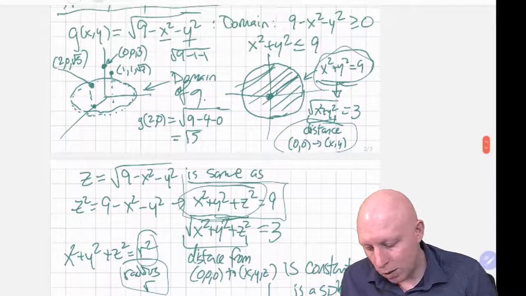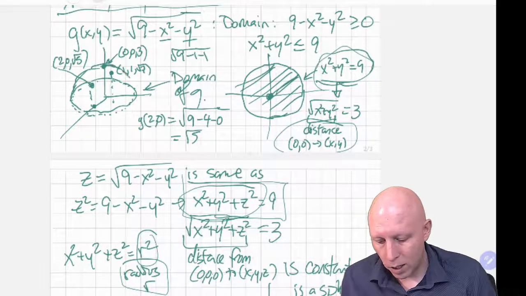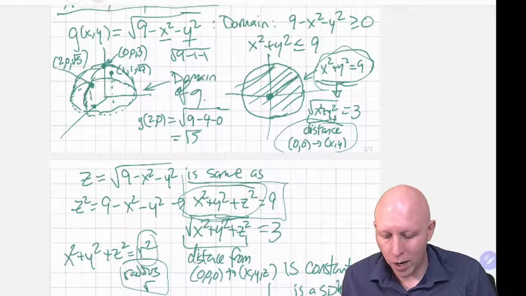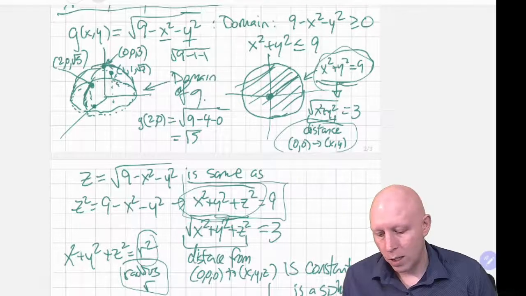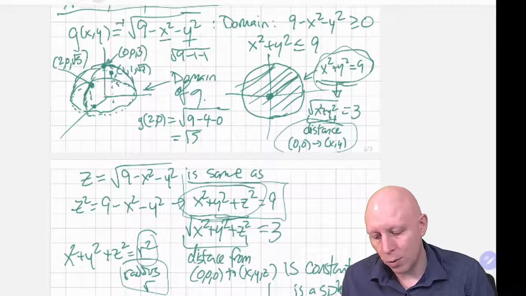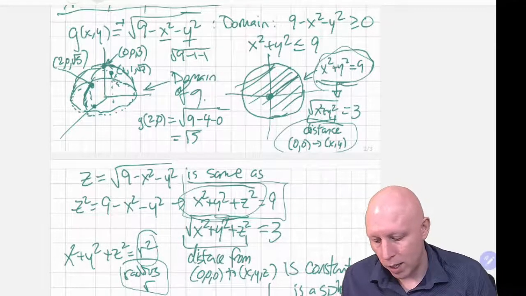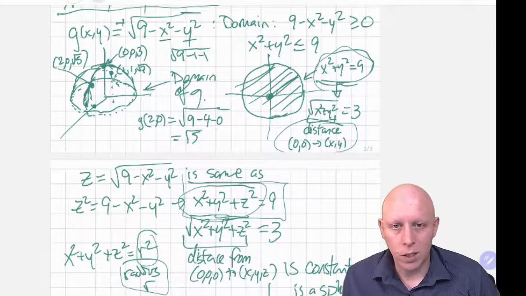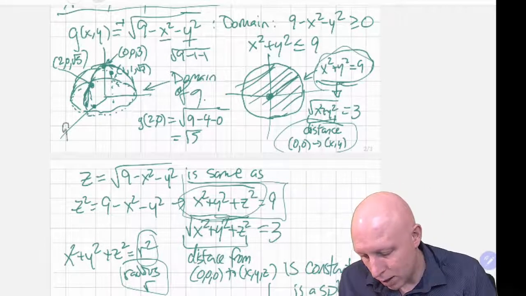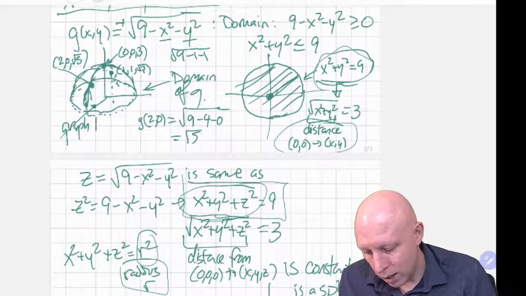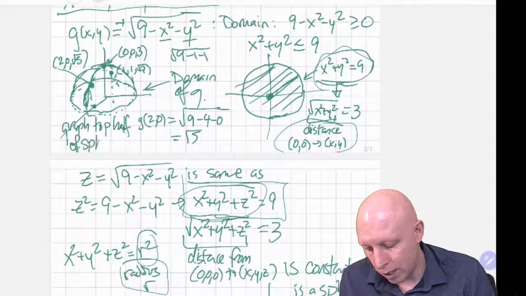And so in terms of drawing this picture, because we're dealing with the positive square root of 9 minus x squared minus y squared, you get the top half of the sphere. So this is the graph of the top half of the sphere of radius 3.